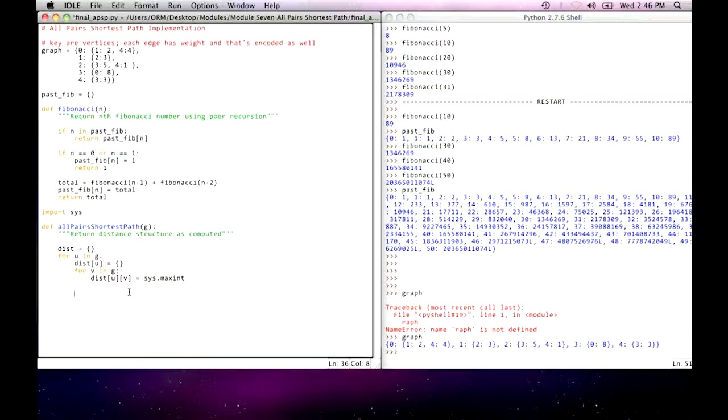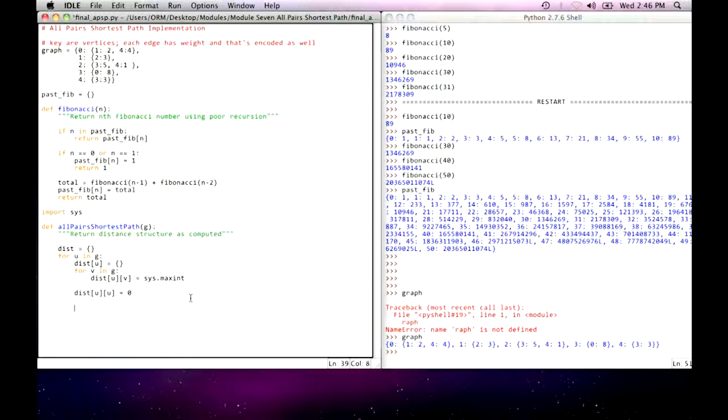When I'm done with this, I will say I know for a fact that dist from u to u is equal to 0, because I know there were no edges from a vertex to itself. And I have to now look at my edge weights and say, well, for the edges that actually exist, what can I do with those?